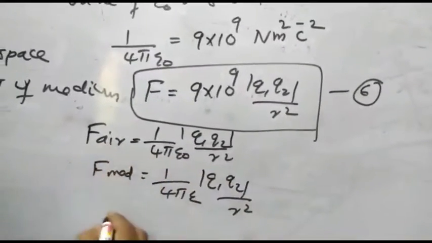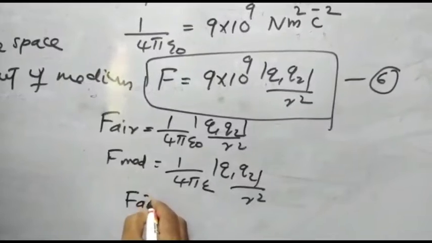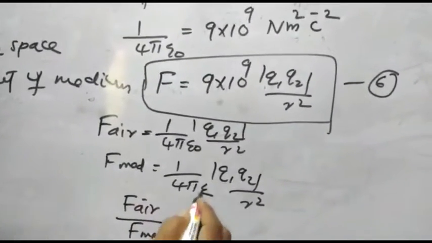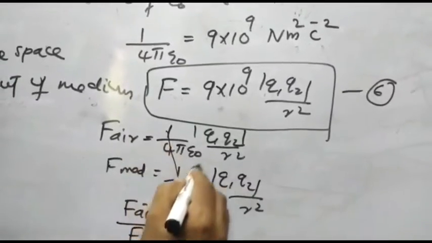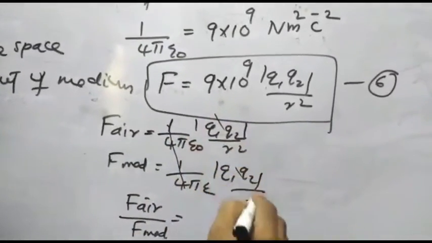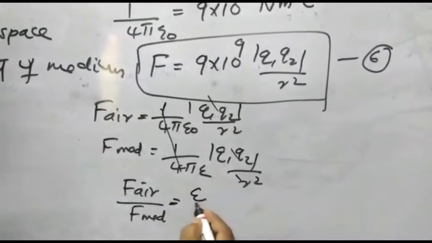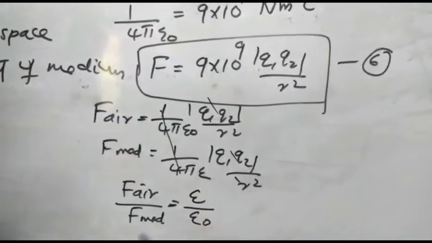By dividing these two equations, F air divided by F medium, the common terms cancel, and the term left is epsilon by epsilon 0.